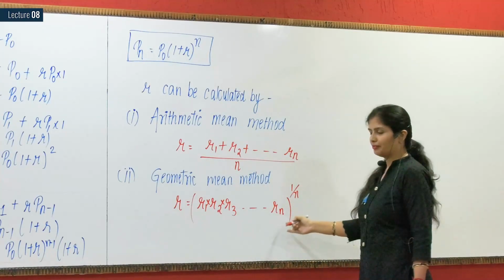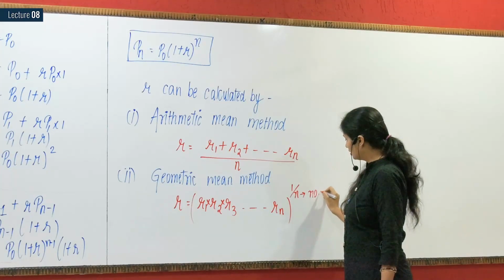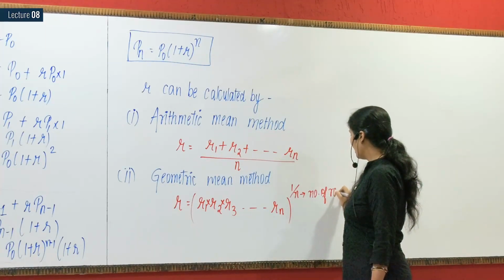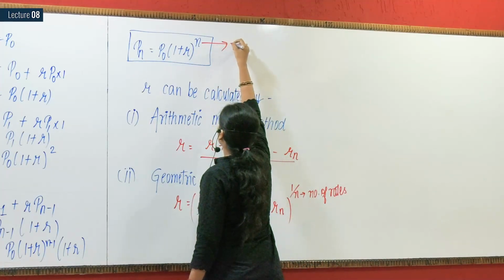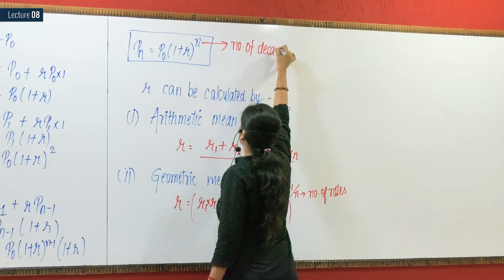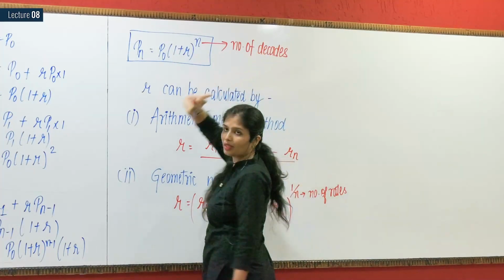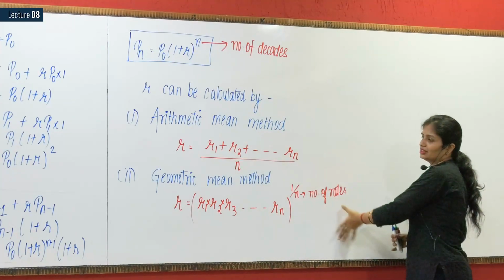This n is the number of rates, so that you don't get confused, and here that n was the number of decades. Fine. So, you can calculate R from this method or this method.